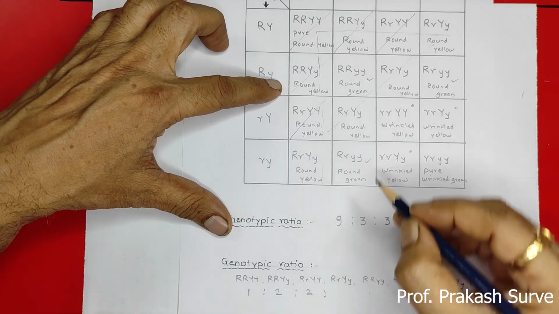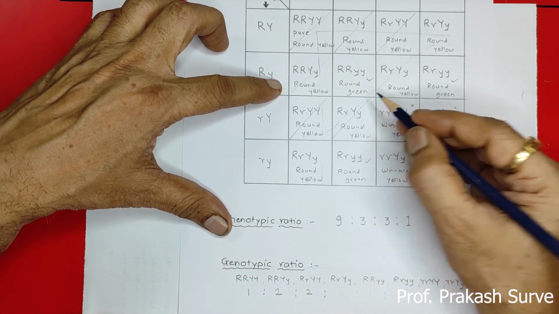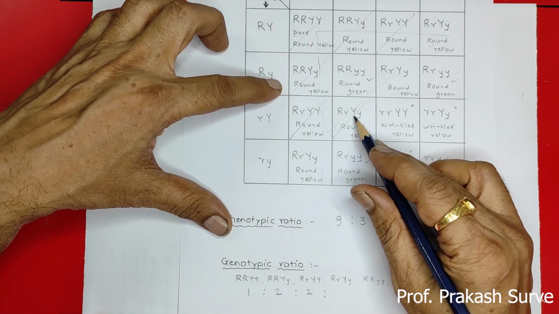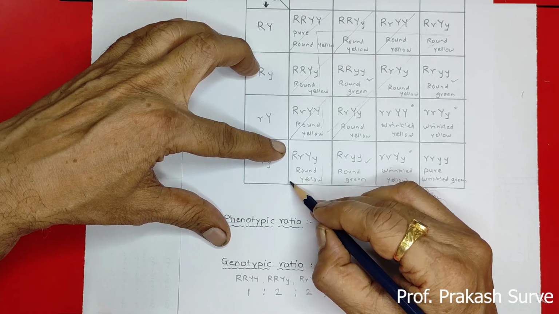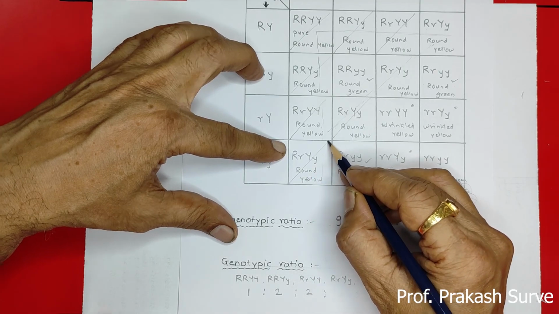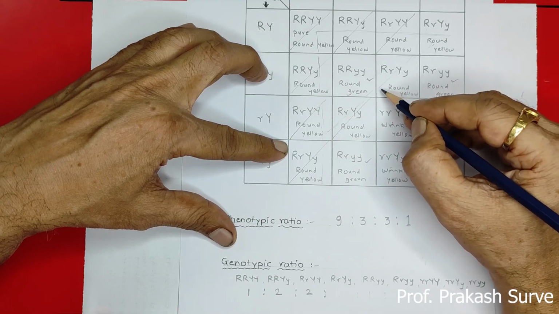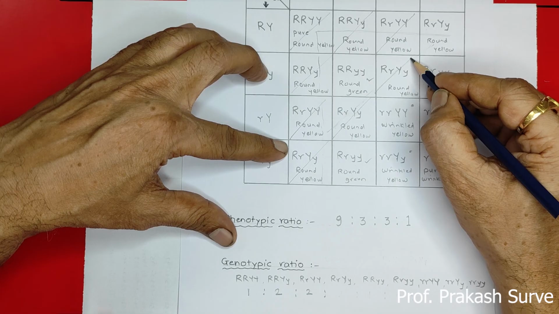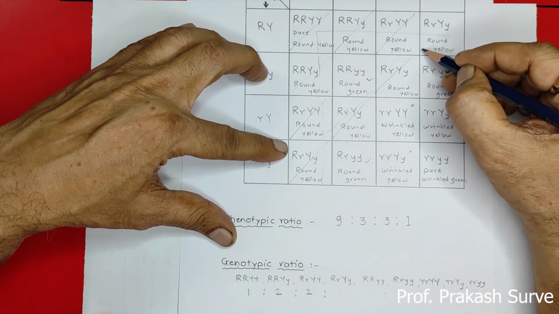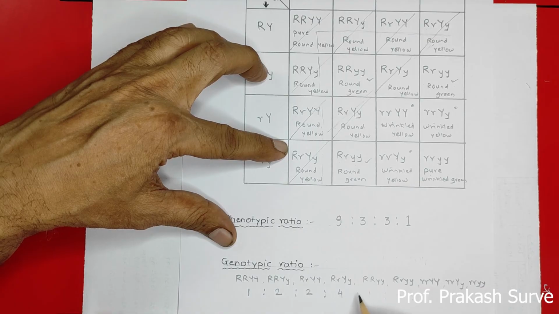This also will cancel. Here also one more is there, 2, and here also one more is there, this is a 3. Here also one more is there, so this is a 4. So total we got here 4.